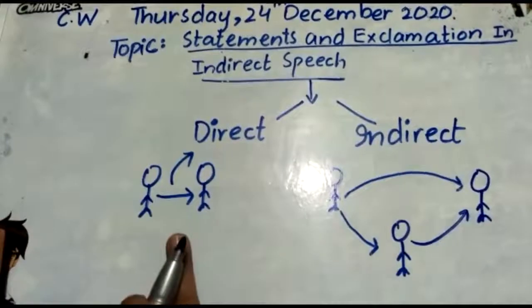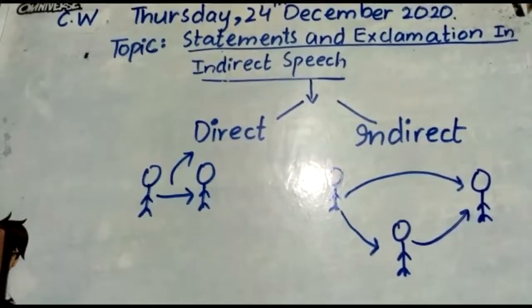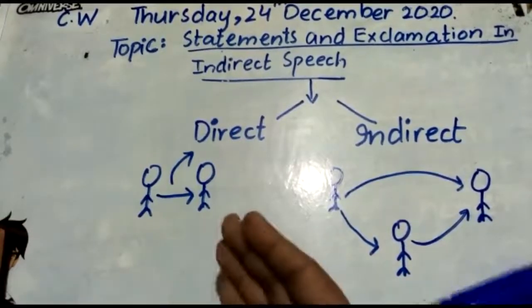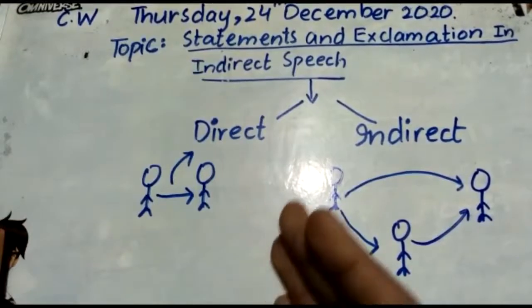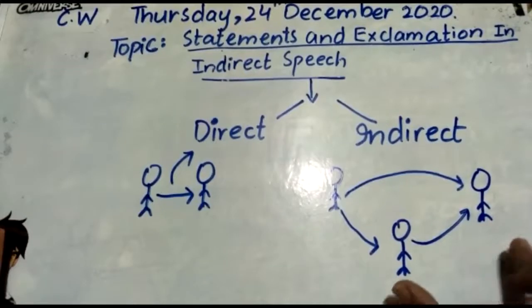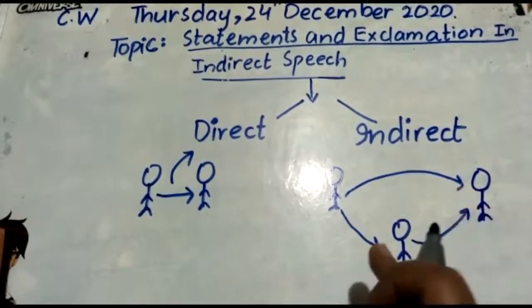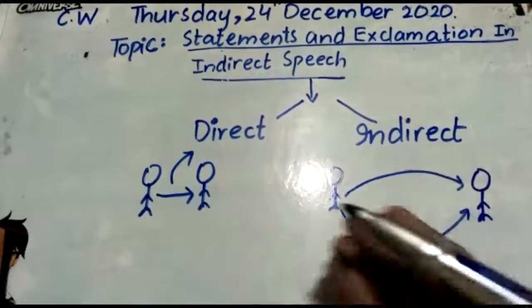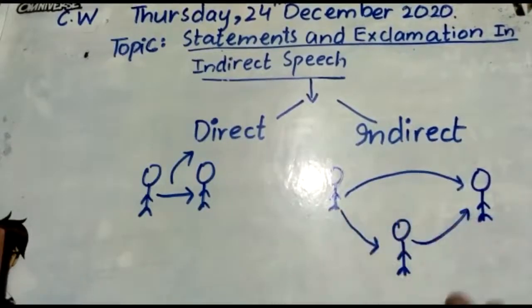Basically, direct speech is a speech in which actual words of the speaker are reported as they are, whereas the way of reporting the actual words of a speaker is changed in indirect speech. This is the main concept between direct and indirect speech.